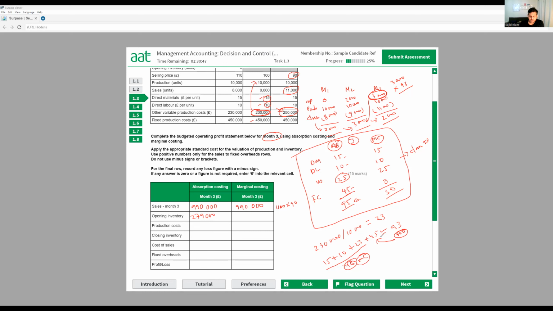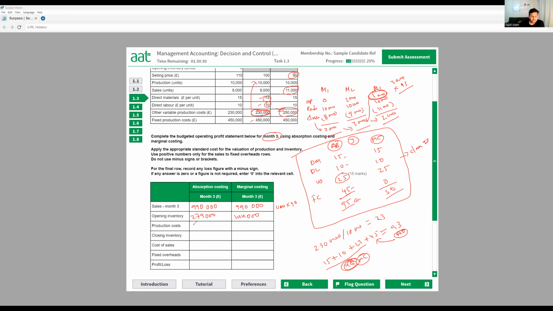For the marginal, we need to multiply by 48. So 3,000 times 48, without the fixed cost, is 144. This is my opening inventory.